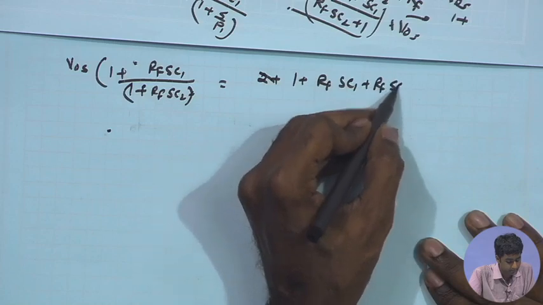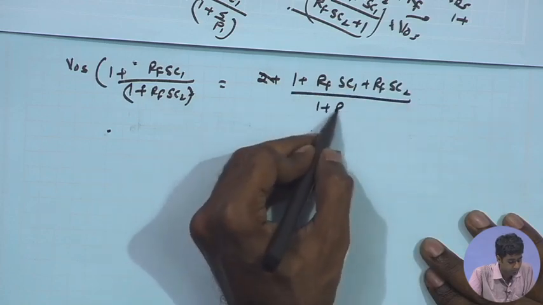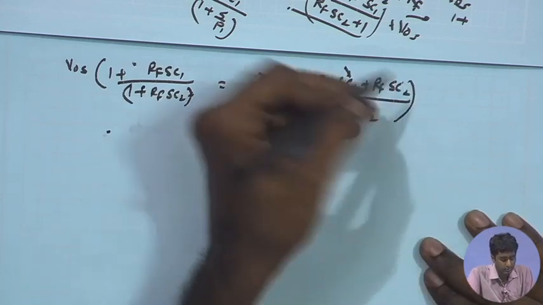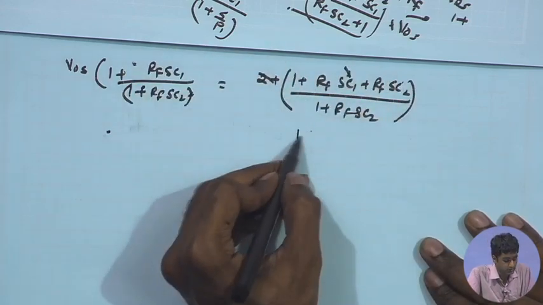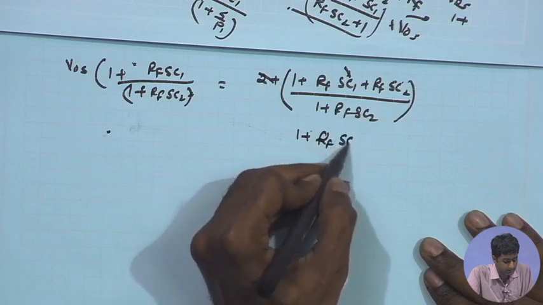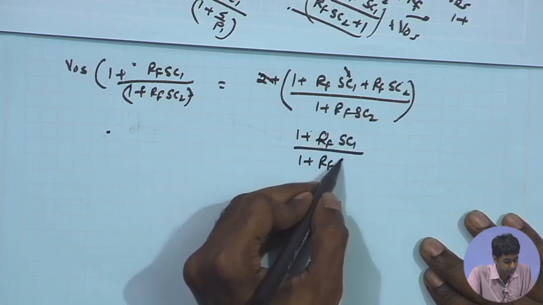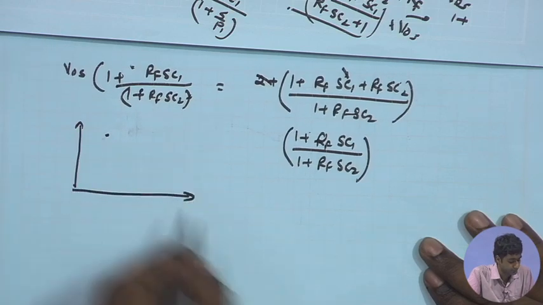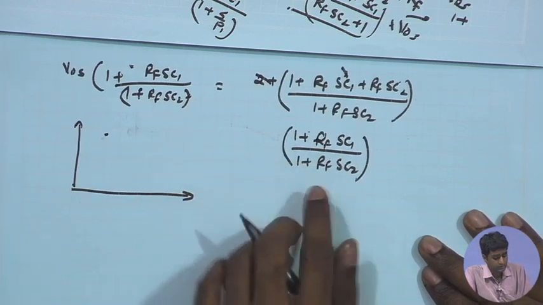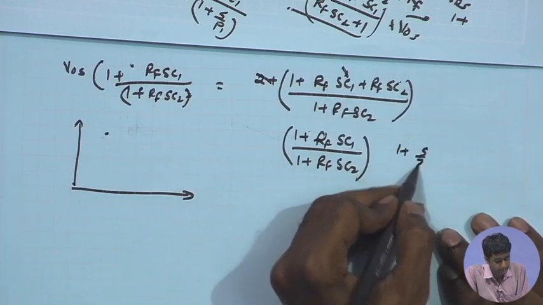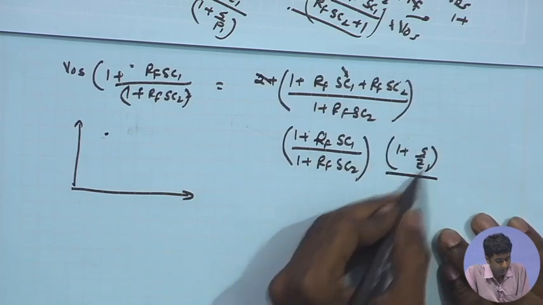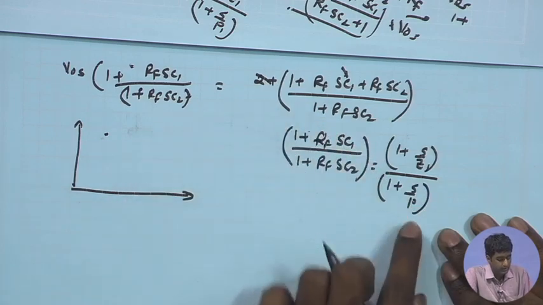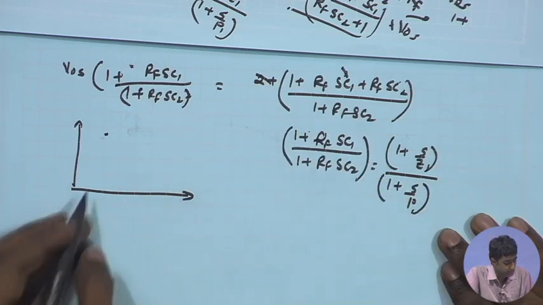Here I know that my C2 is going to be much smaller as compared to C1. I can ignore that, and then the corresponding transfer function is going to be simply 1 plus S upon Z1 over 1 plus S upon P1. If I look at P and Z, which one is larger?